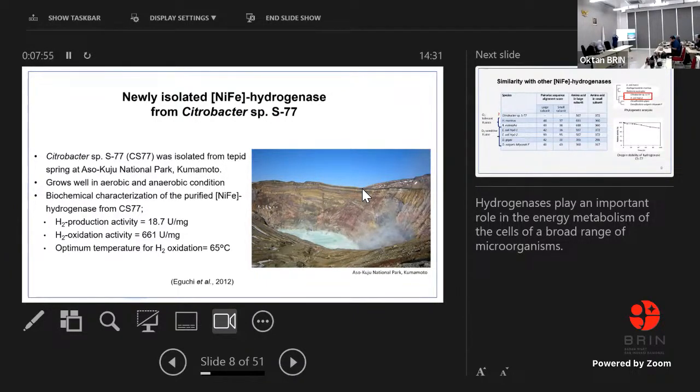These are the characteristics of the hydrogenase: it shows higher hydrogen oxidation activity compared to hydrogen production activity, and it has an optimum temperature for hydrogen oxidation of 65 degrees Celsius. So it's quite high.